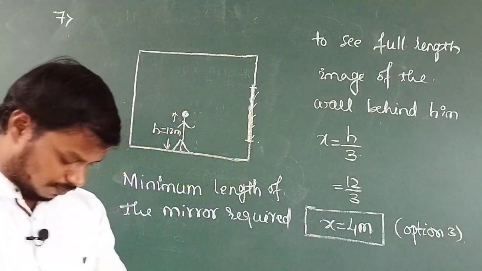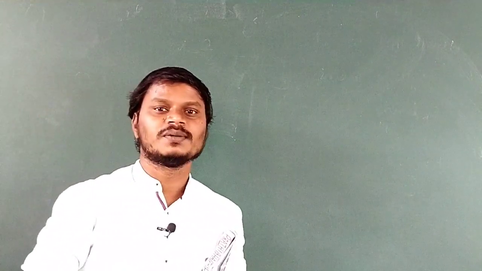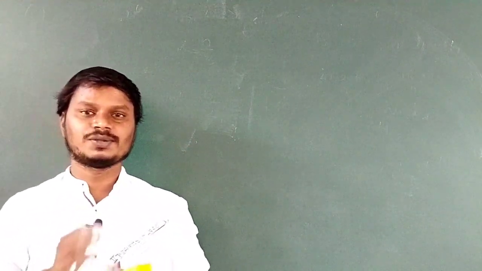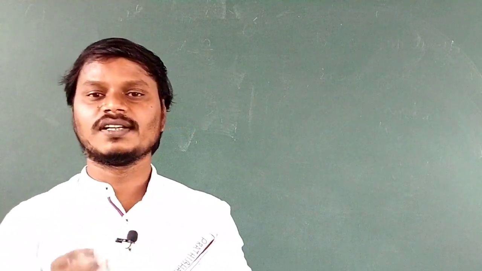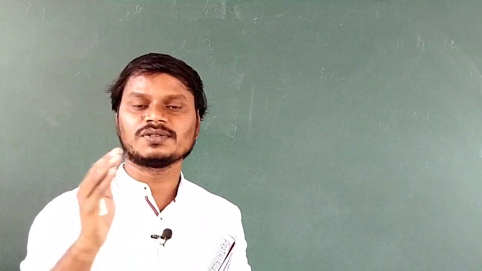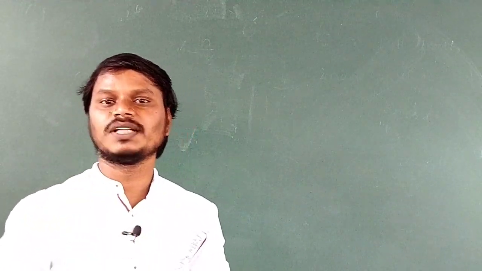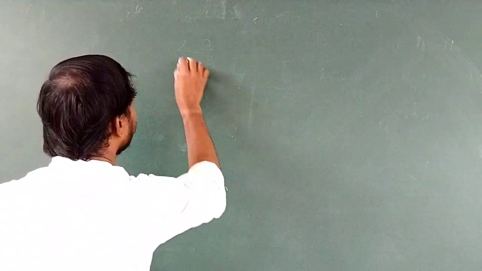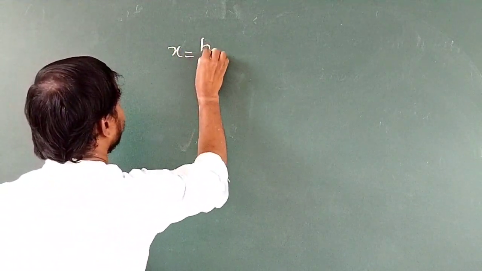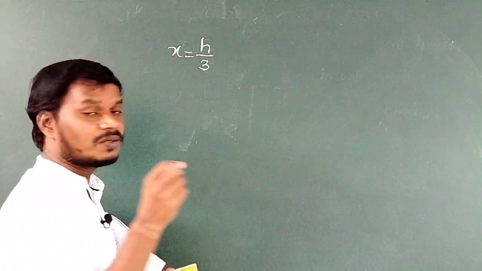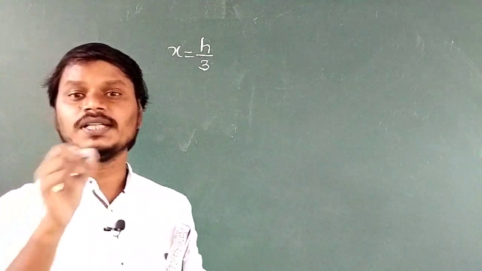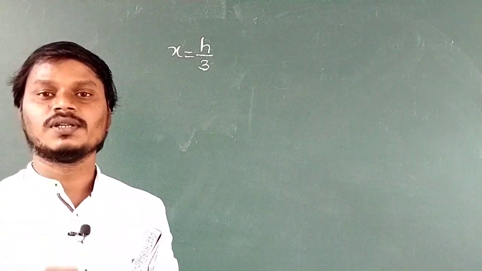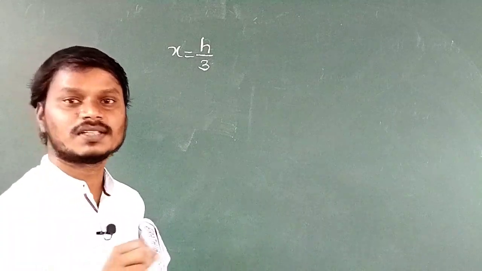Okay. Previously we solved that to see the full length image of the wall behind the person, the formula to find the minimum length of the plane mirror is x is equal to h by 3. Suppose if we want to see the full length image of him, what is the minimum length of the plane mirror required?